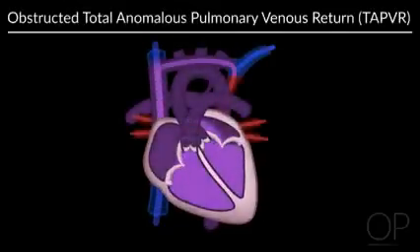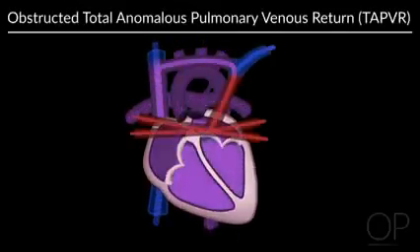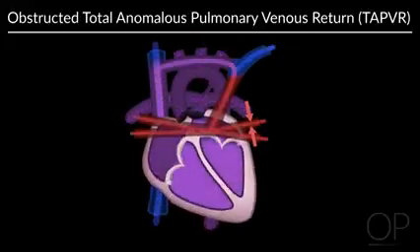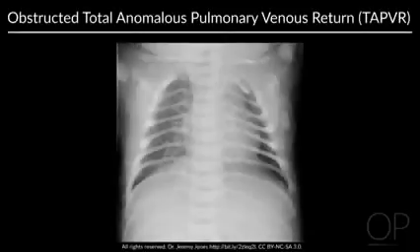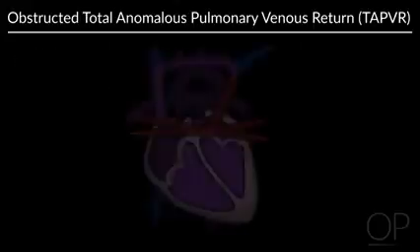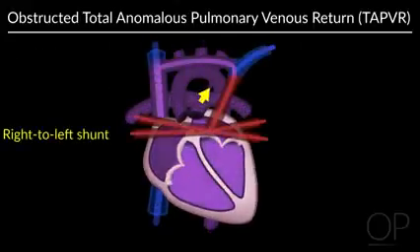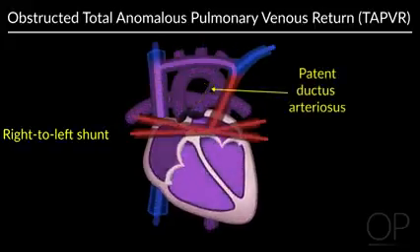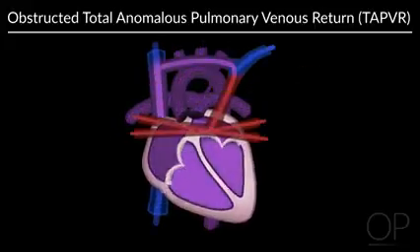In obstructive TAPVR, pulmonary venous drainage is also obstructed, or narrowed, making it difficult for blood to return from the lungs to the heart. Such babies present at birth in shock with pulmonary edema, with a right to left shunt towards the ductus arteriosus and a severe pulmonary hypertension.